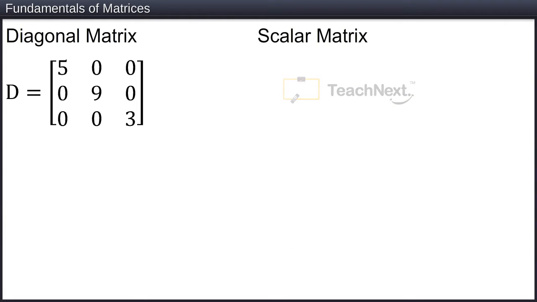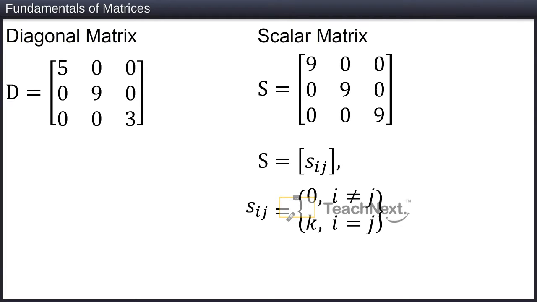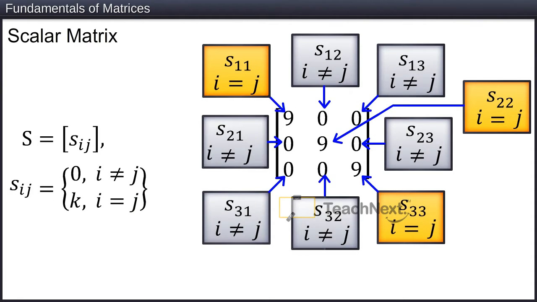For a diagonal matrix, if all elements along the diagonal are equal to each other, then the matrix is called a scalar matrix. A scalar matrix can be represented as follows. Let's use the example matrix to understand the general form.